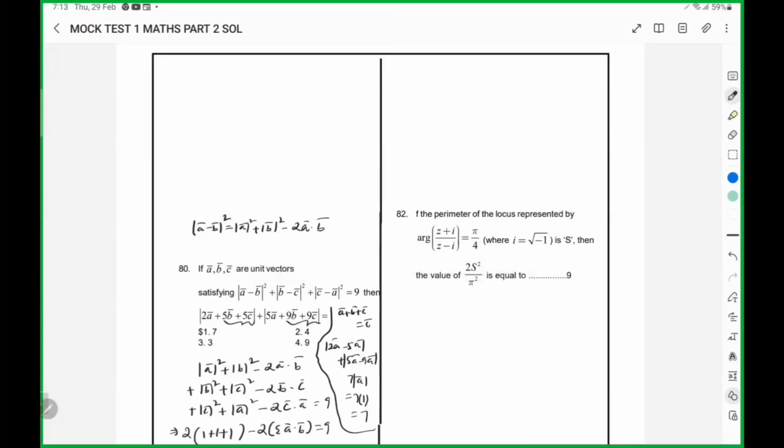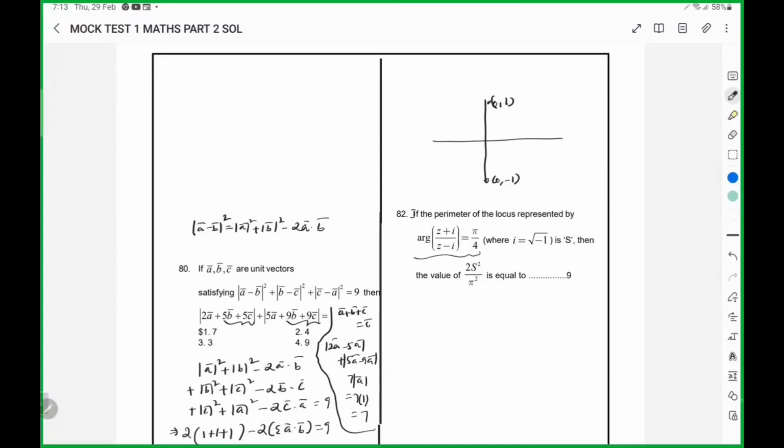Here, if the perimeter of the locus, how to represent this? Where is i? So here it is. i means (0, 1), and minus i is here. 0, 1 is somewhere here, it is plus i.